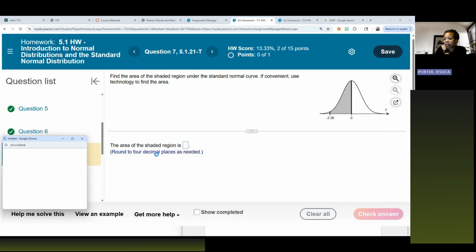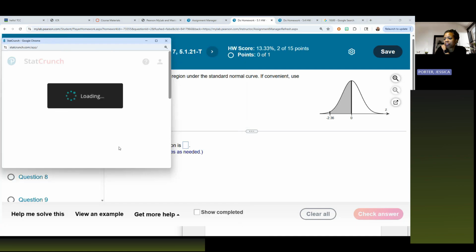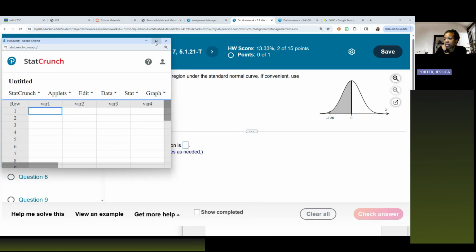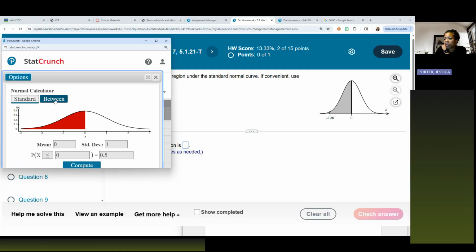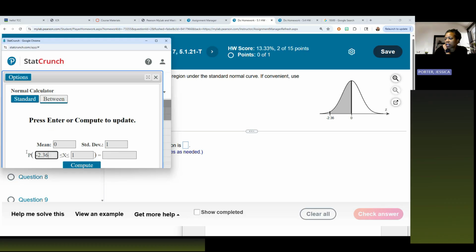So we'll look at the StatCrunch solution, then we'll look at the TI-84. So we've got stat calculators normal. We're between this time, and we're going to be between negative 2.36 and 0.